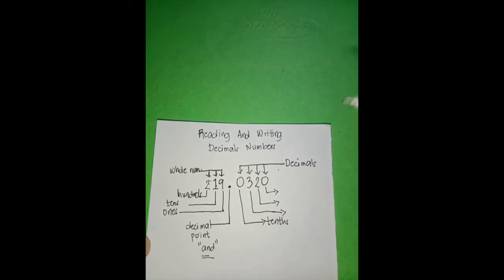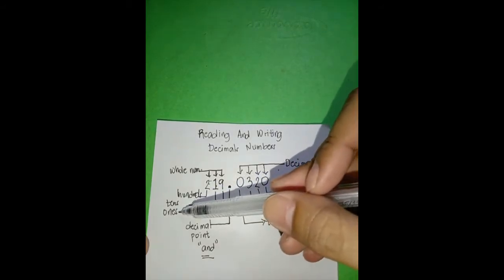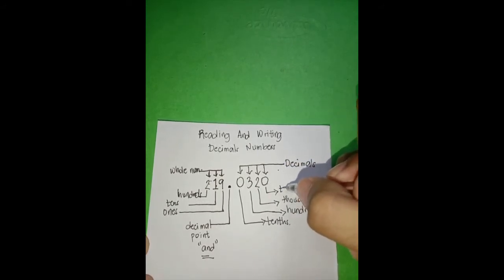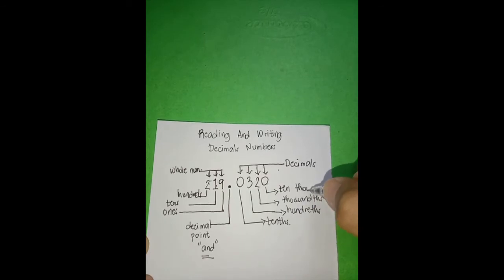As you notice, we don't start with ones unlike the whole number, because we are already in the decimal numbers. So it starts with the tenths, followed by the hundredths. Then the number 2 is the thousandths, and last is the ten thousandths.